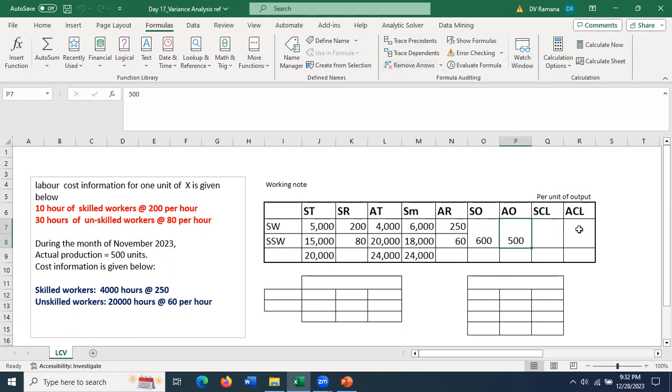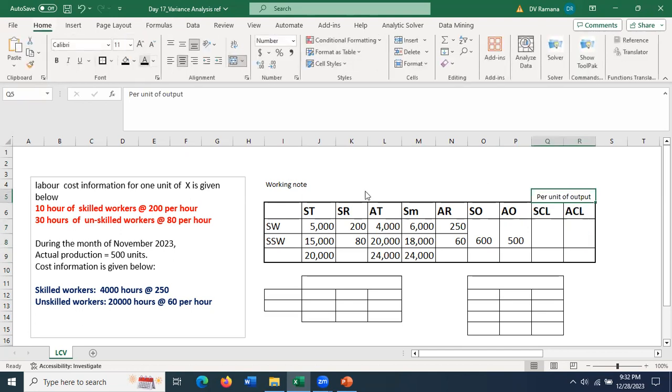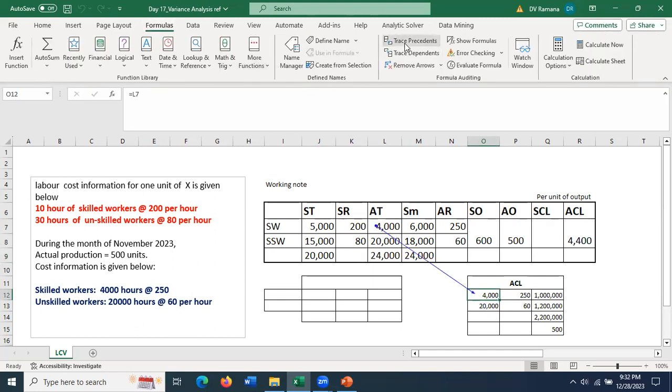Then the actual cost of labor per unit of output is equal to 4,400. How did we get that? You can see that 4,000 hours of skilled workers and 20,000 hours of unskilled workers at 250 and 60 respectively.